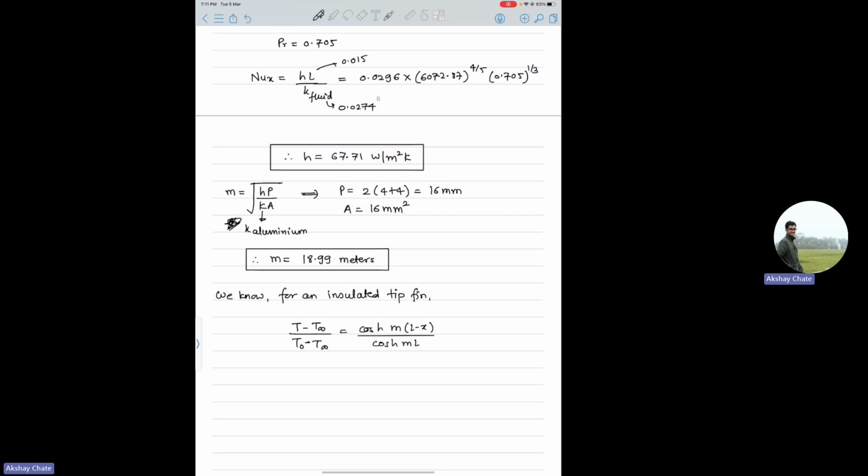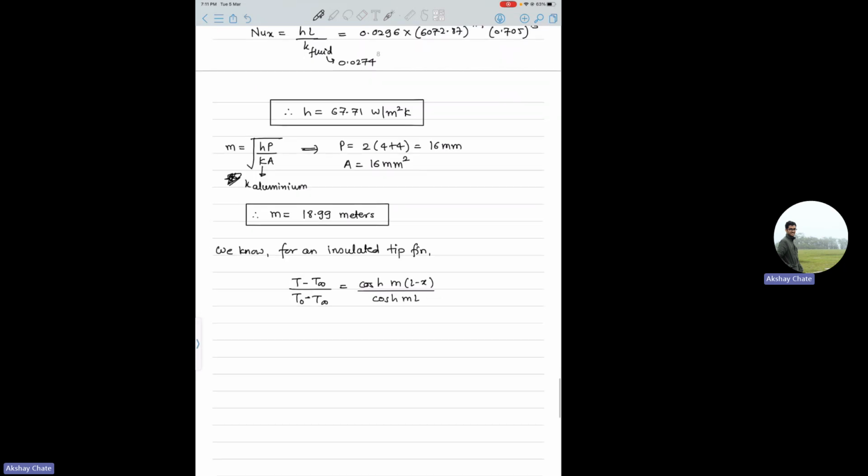This is the formula that we learned in the previous classes. This is cos hyperbolic, okay? Somebody may confuse this with the heat transfer coefficient.